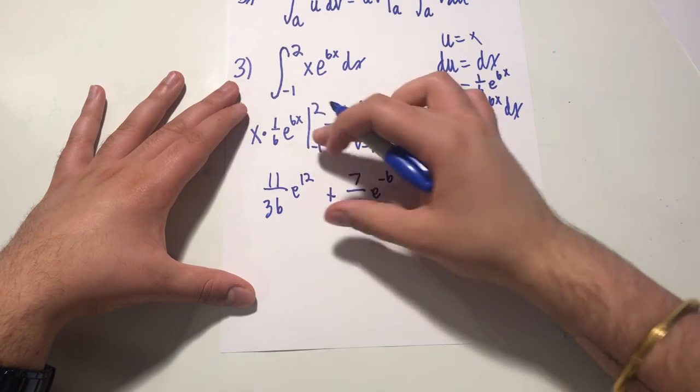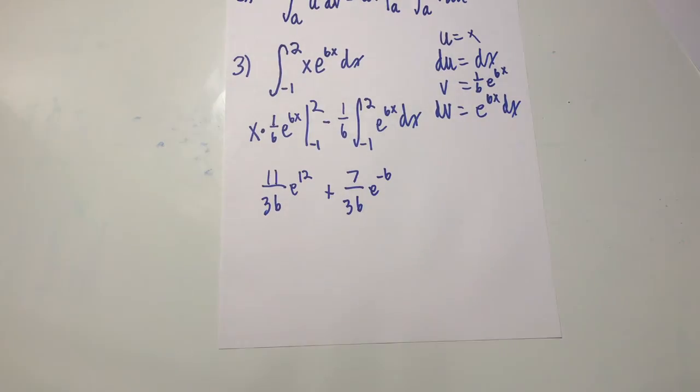And I'm skipping the steps of writing it all out, because if I did, this video would be like an hour and a half long. But yeah, that's pretty much it for doing a definite integral.